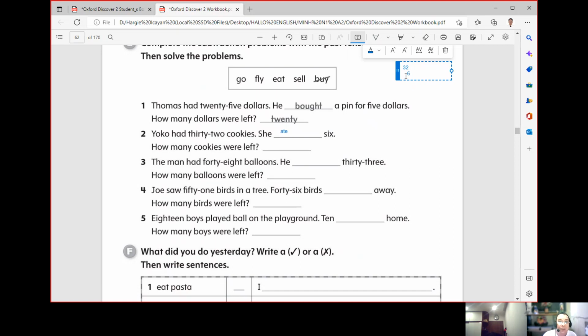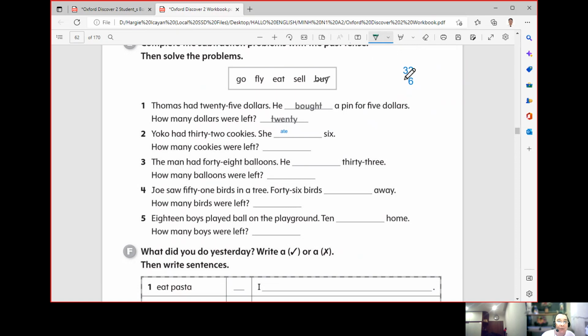So 2 minus 6 cannot be done because 2 is smaller than 6. I have to make this one bigger for a while. Okay, that's fine now. So what we do is borrow from 3.